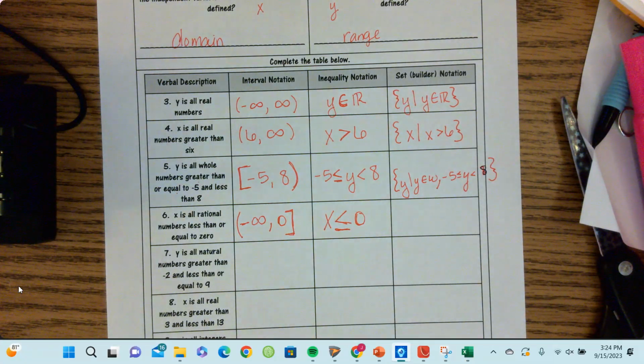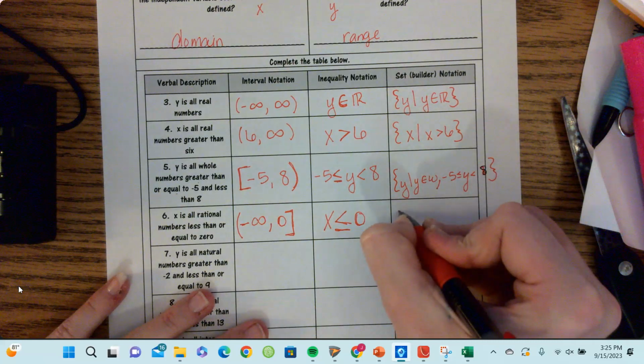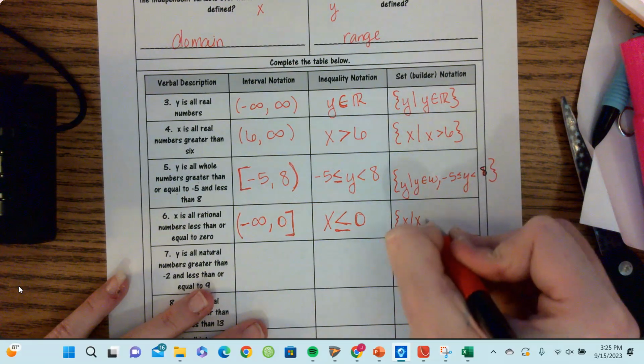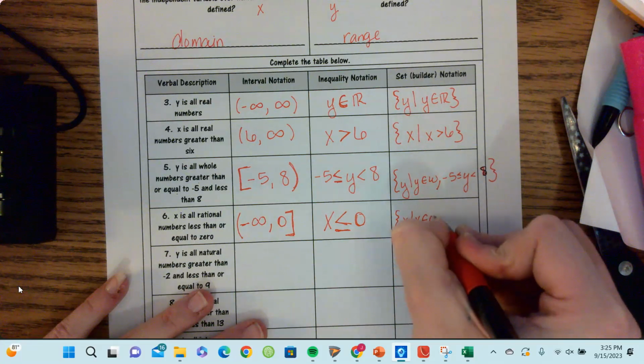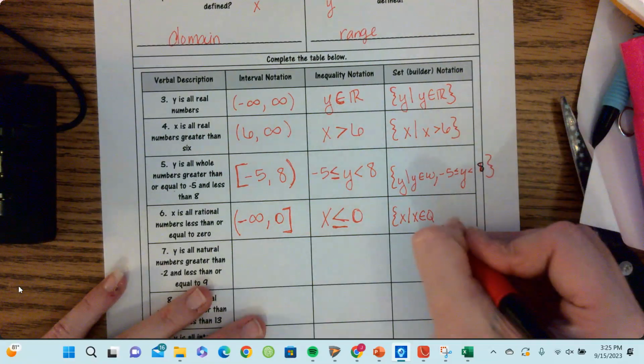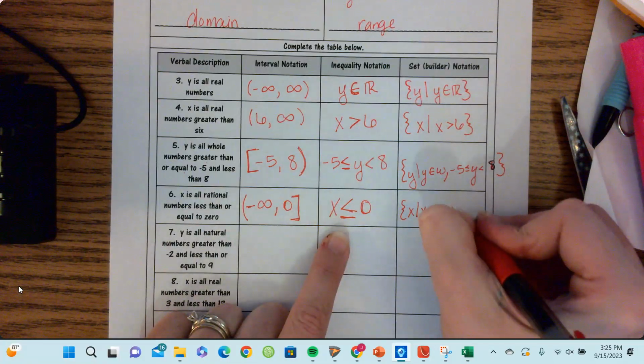I think it's a Q. Yeah, it is a Q. So we would write x, a vertical line, x is a member of the set of rational numbers, and then the inequality.